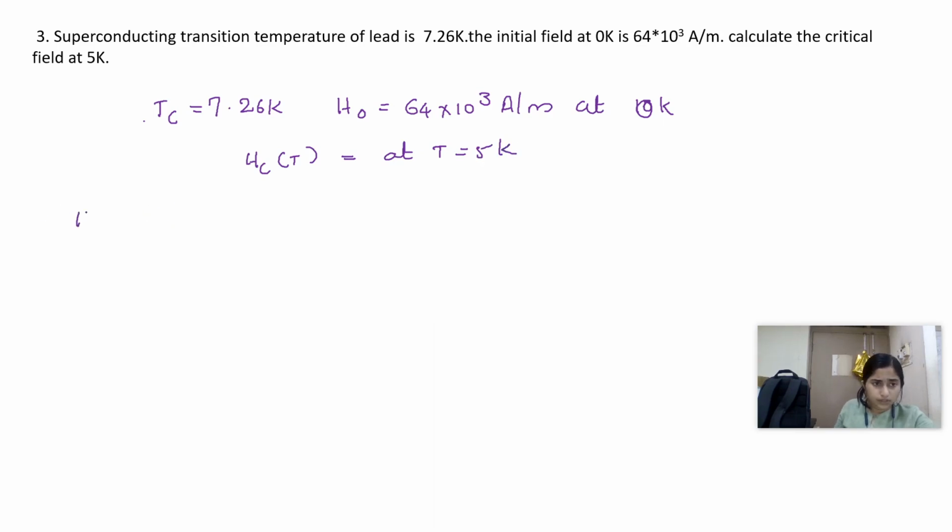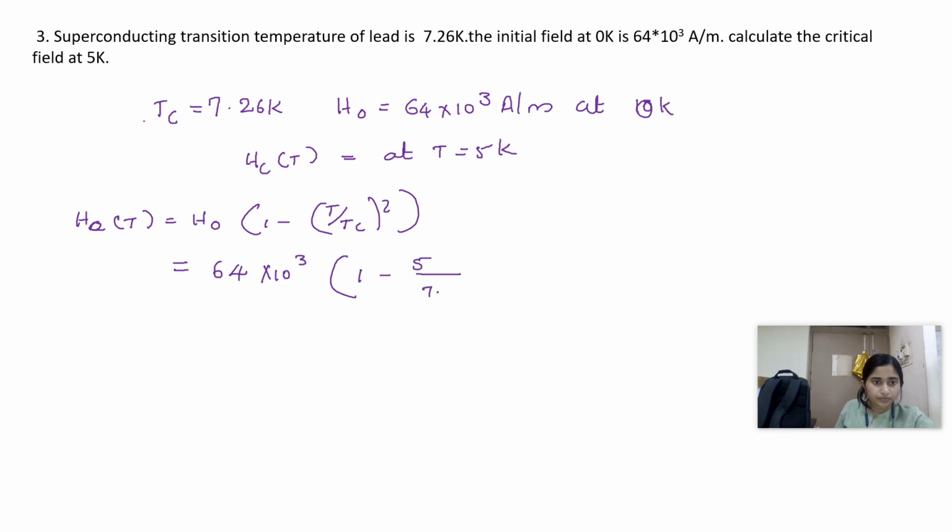We have to use the same formula: Hc of T is equal to H0 times 1 minus T divided by Tc whole square. Substitute the values here: 64 times 10 to the power 3 times 1 minus 5 divided by 7.26 whole square, and find the answer for it.